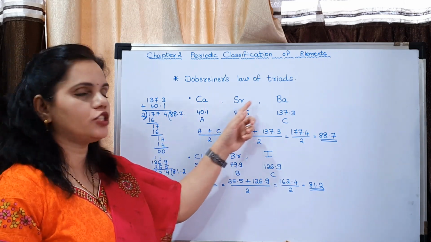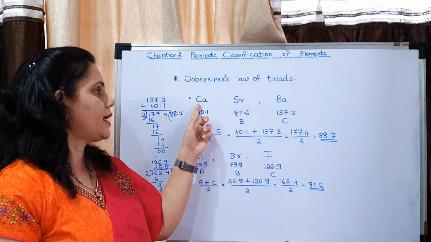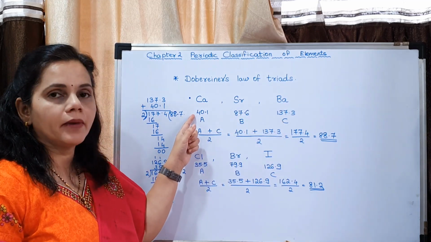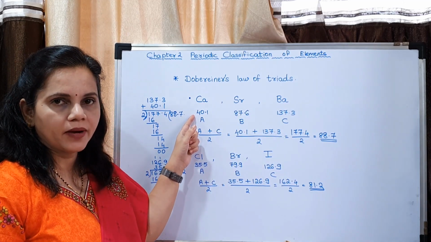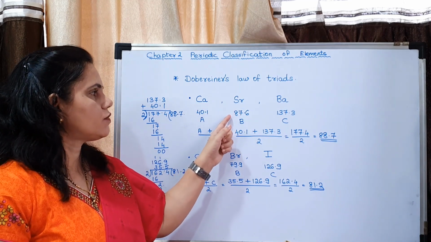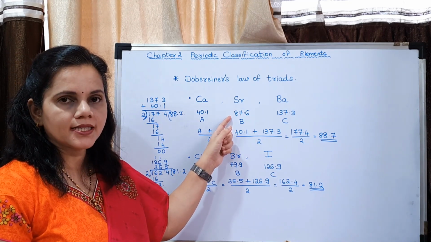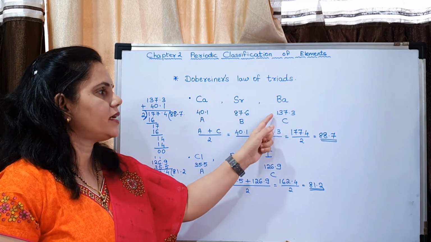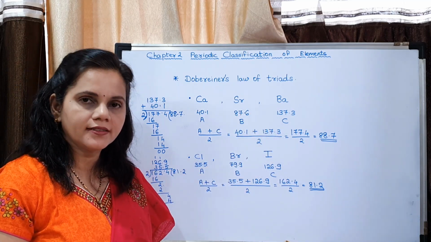Calcium, strontium, barium. The atomic mass of calcium is 40.1. The atomic mass of strontium is 87.6. This is the present atomic mass. Atomic mass of barium is 137.3.